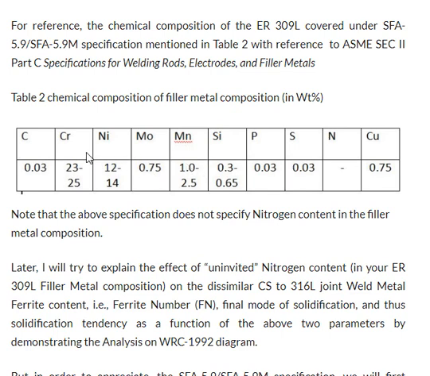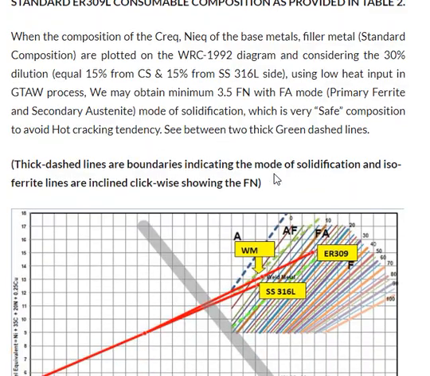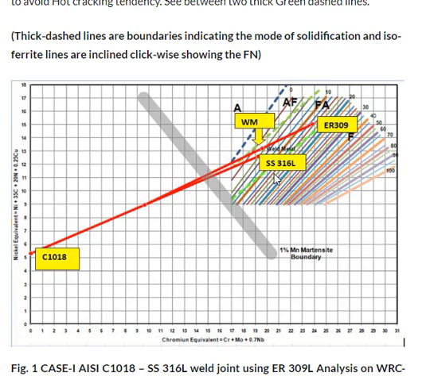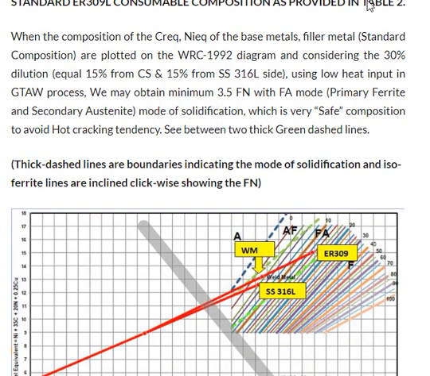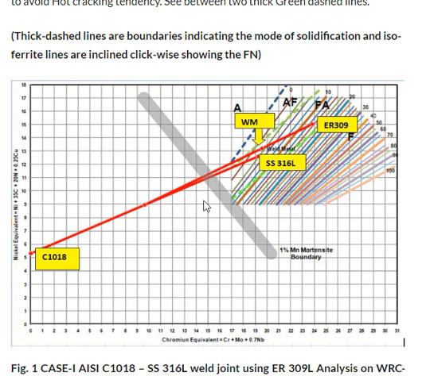So using this composition, we'll try to plot the composition on the WRC 1992 diagram. I hope you understand the chromium equivalent and nickel equivalent. Chromium equivalents are chromium itself, molybdenum and niobium, and nickel equivalents are nickel, carbon, nitrogen and copper.